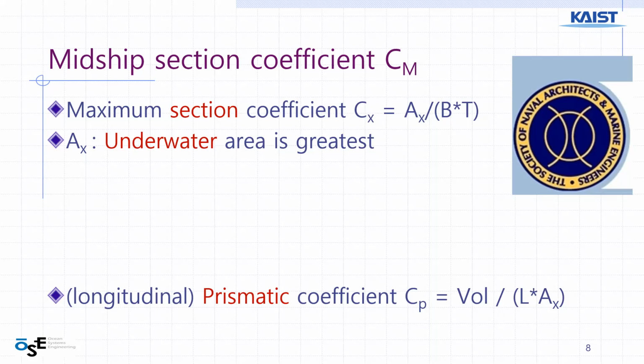The maximum area section is near midship, near the center of the ship, but it depends on the ship. At the front and back end, the area is very small, right?